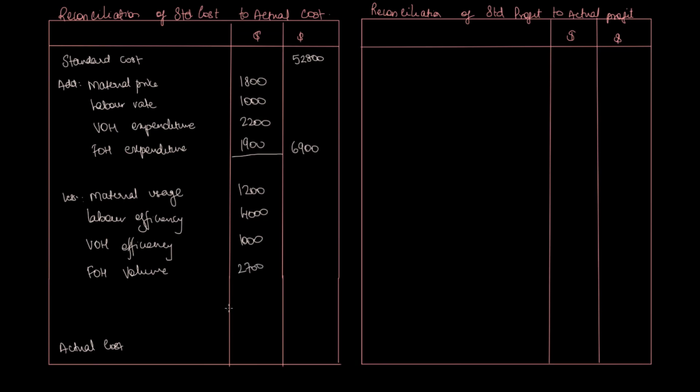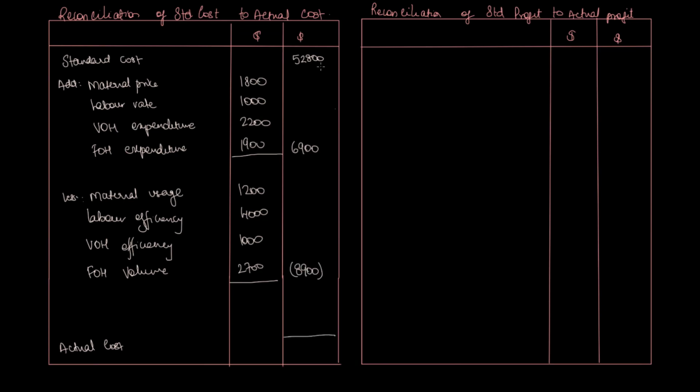If you are breaking down fixed overhead volume into further capacity and efficiency, then you will not write fixed overhead volume, you will write the subparts of fixed overhead volume. But here we have not broken down, we are keeping it simple. Taking the total of all the negative numbers outside, we get minus 8900.